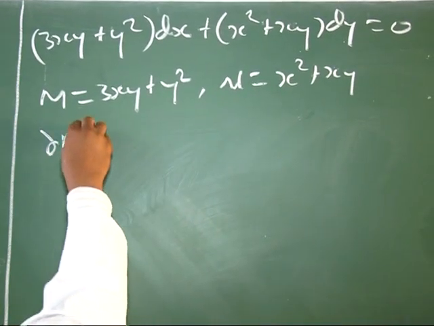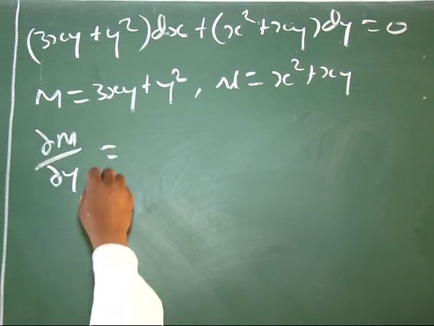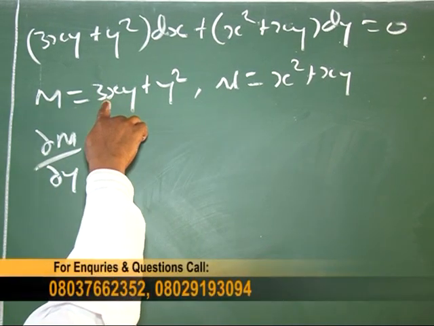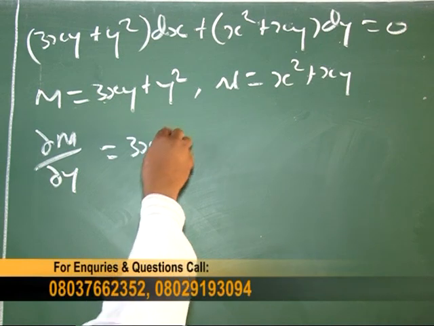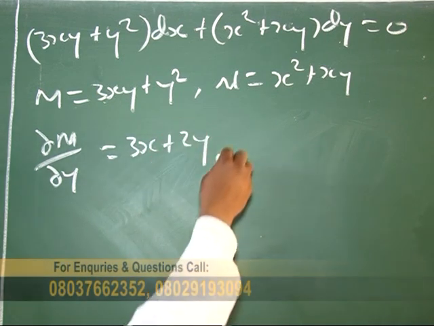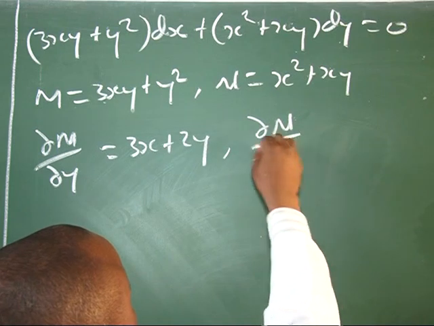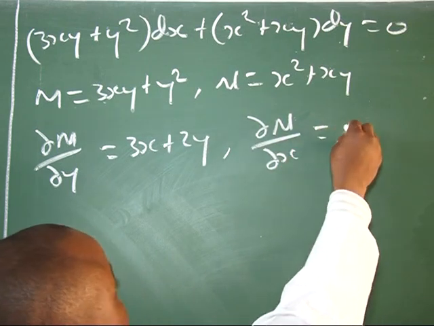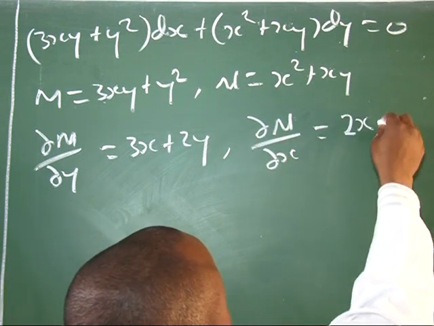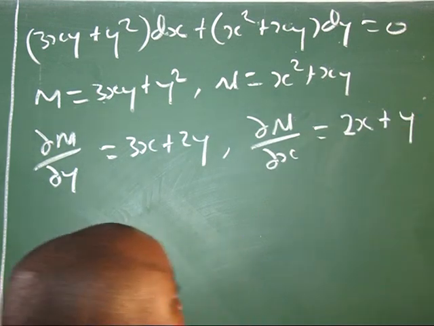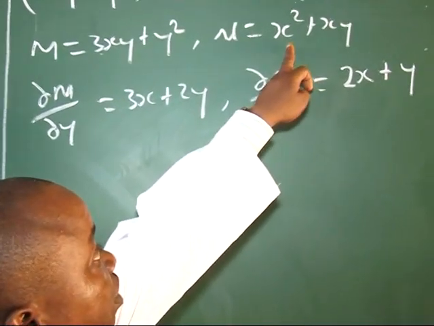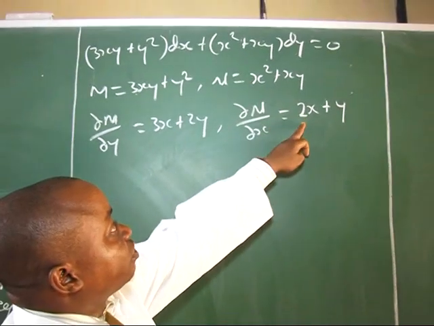Partial N, partial y will be 3x plus 2y. Partial N, partial x will be 2x plus 1. Look at that. If you differentiate this, you have 2x.